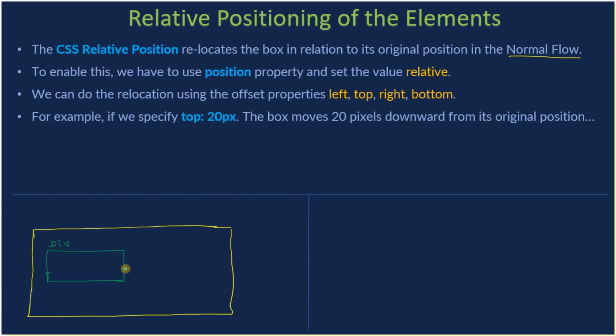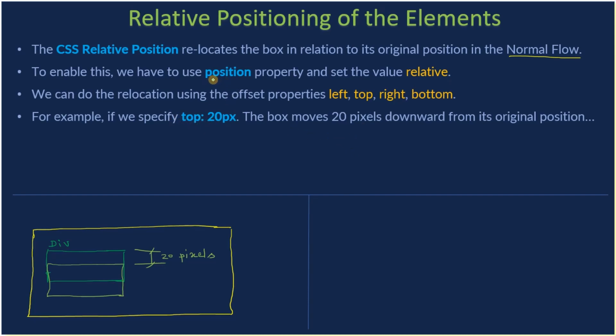So in normal flow, the div will be here, and this is the box that defines the div element. And the moment we say top 20 pixel, the box moves downwards from its original position. Right? So top 20 pixels.